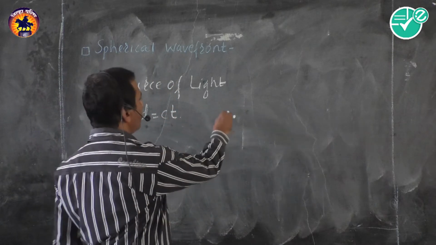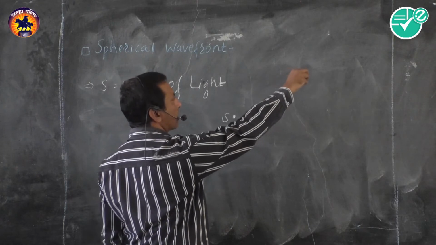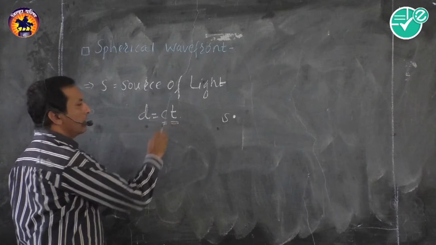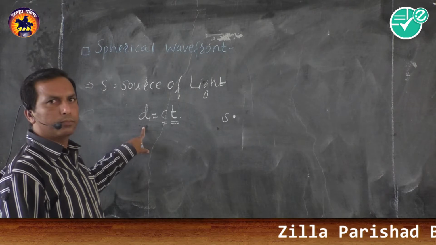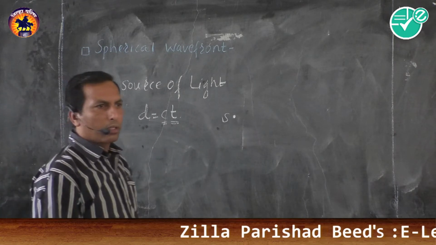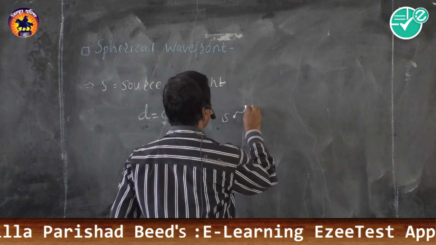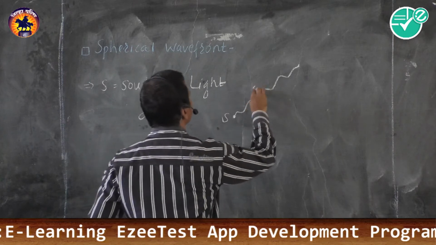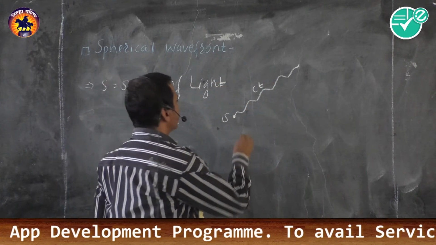Light from source S travels in the forward direction. In time t with velocity c, light covers distance d. Let's write: suppose light travels distance equal to ct in this direction.